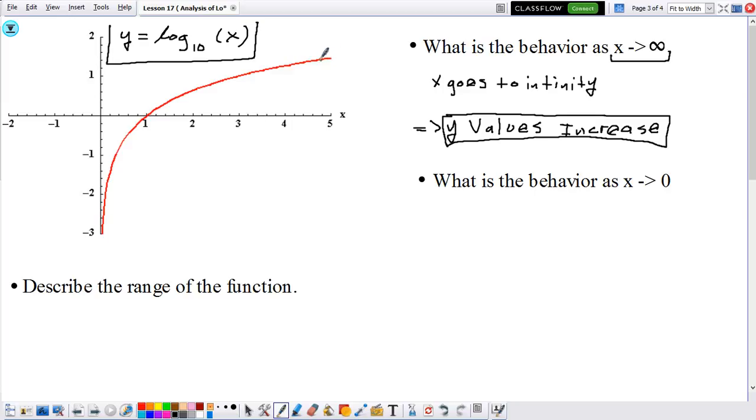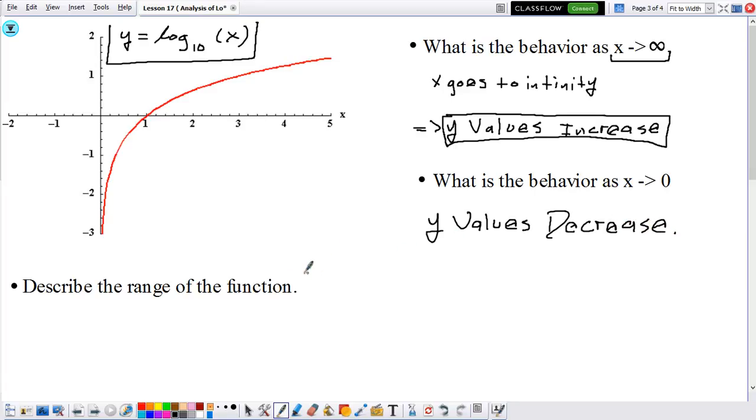So when x goes to 0, it does the opposite. Notice that I'm getting closer and closer to 0 here. And look at what happened to those y values. They're decreasing. So what is the behavior as x goes to 0? Well, here, the y values decrease.